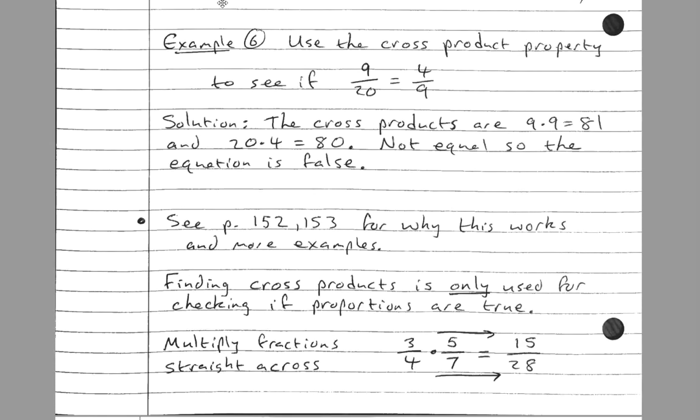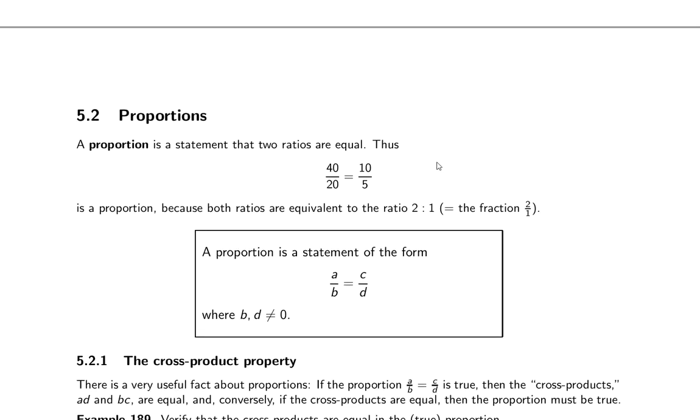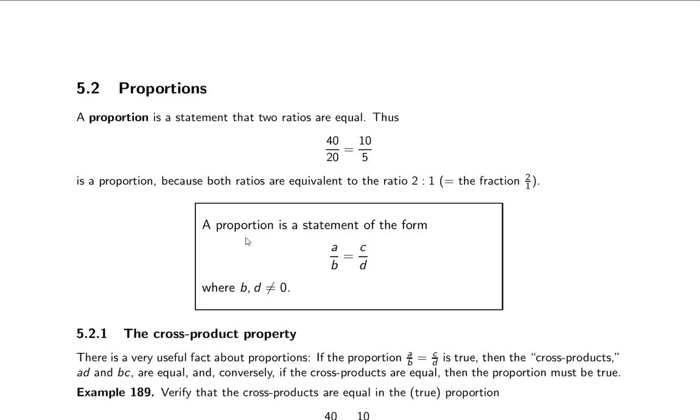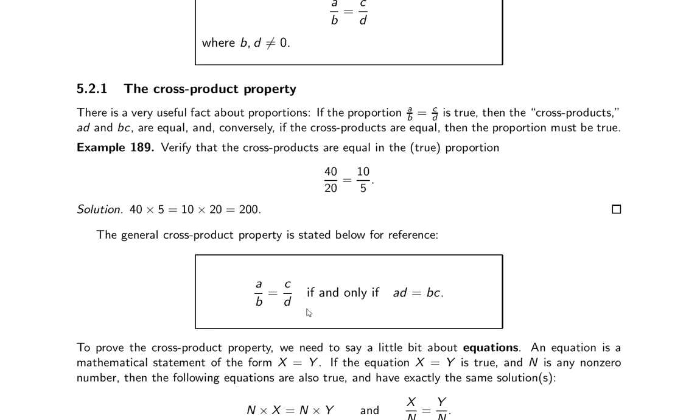All right, so in the book, a proportion is a statement like this: A over B equals C over D. And here's that cross product property.